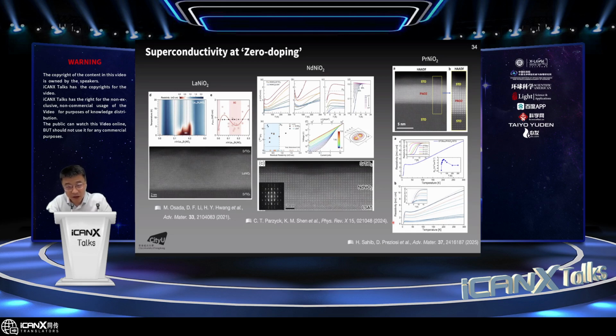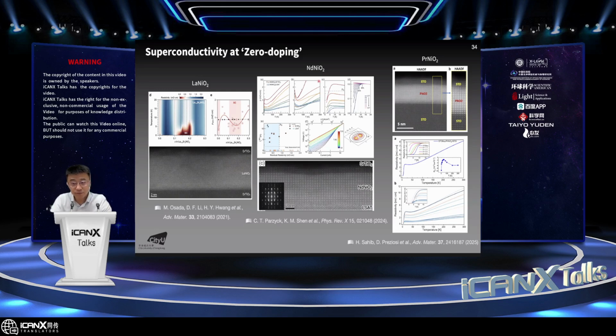Recently, people have found that even without chemical doping, let's say without introducing extra chemical doping into the infinite-layer system, it seems that there's superconductivity existing in these non-doped samples. Okay, so this is found across different material systems, moving from lanthanum all the way to praseodymium and neodymium. So this seems to be a very universal behavior or trend in this material system.